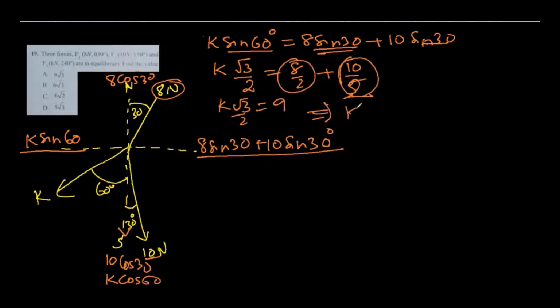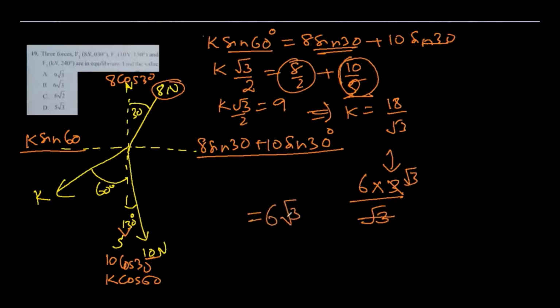So k's value comes out to be 18 over square root 3, which does not match with any of the answers. So we will break 18 into two parts: 6 times 3 divided by square root 3, and this square root 3 and 3 cancel out. This will become square root 3. So the answer is 6 square root 3. Let me caution you again. This question has some problem.